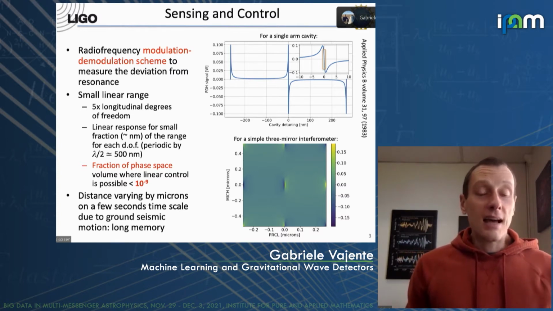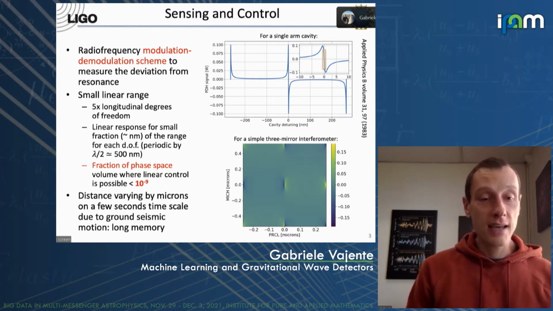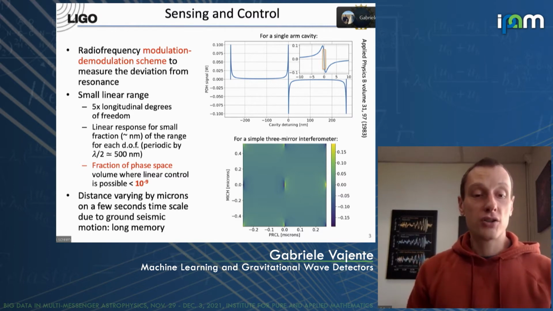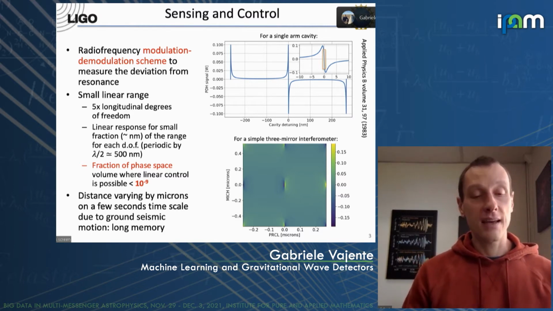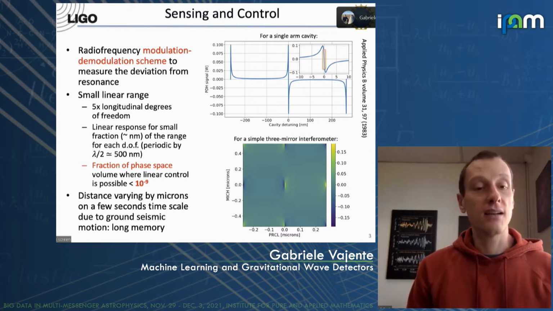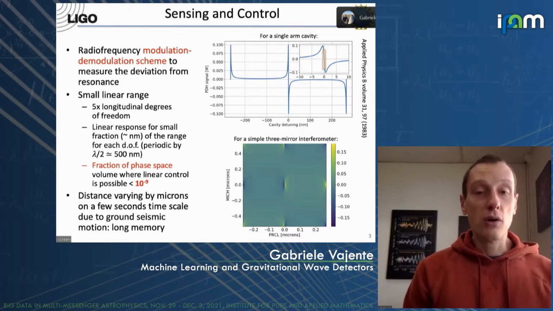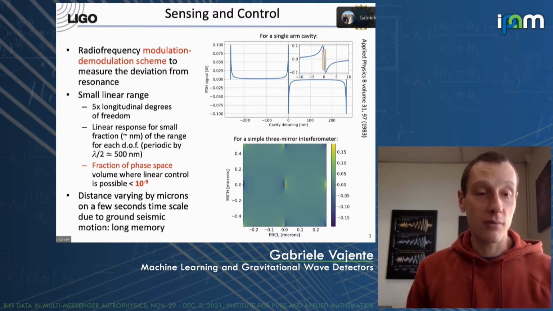And the point is that all the mirrors are suspended to a complex seismic isolation system, as we already mentioned yesterday, with the goal of reducing their motion at high frequencies above 10 Hertz. But again, how much the mirrors move at low frequencies, so on a time scale of a few seconds or something like that, is many microns, so way more than the size of the region where the linear signals are available.